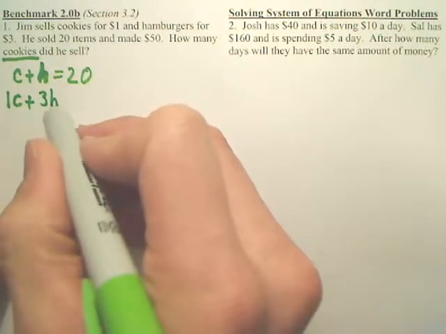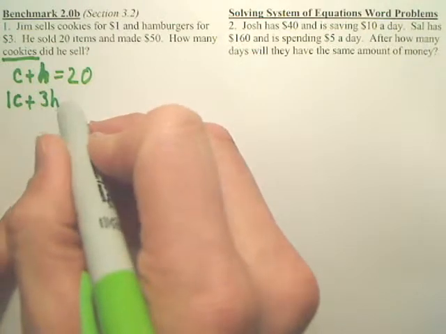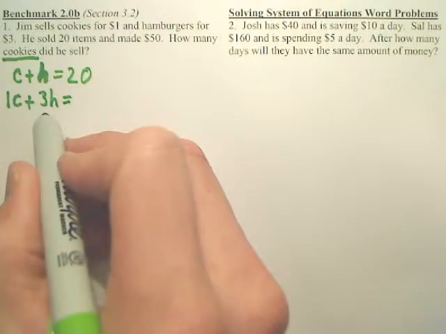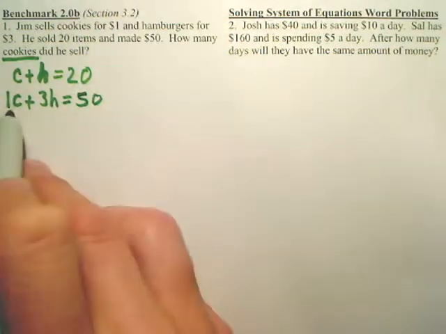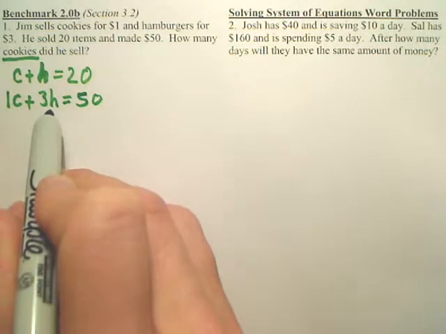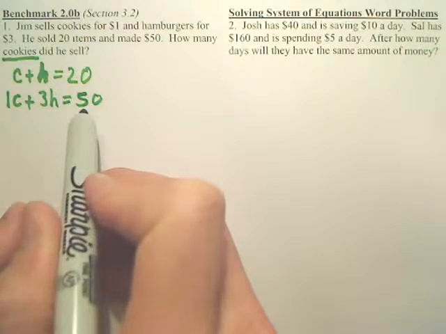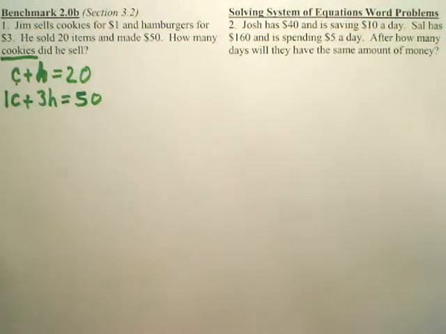So if I sell 10 hamburgers, 10 times 3 is $30 I made. And the sum of the amount of money from cookies and the amount of money from hamburgers adds up to $50. So this is how much money you make from cookies. This is how much money you make from hamburgers. Together you should make $50. The number of cookies plus the number of hamburgers adds up to 20. From that data, we could find the number of cookies.